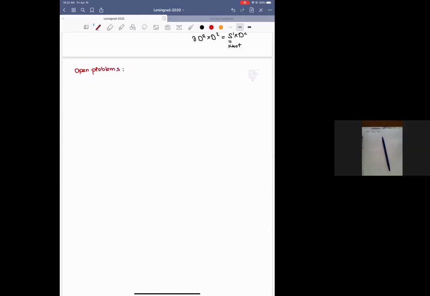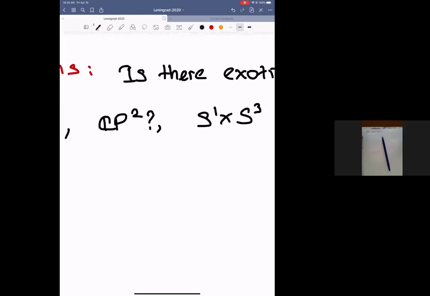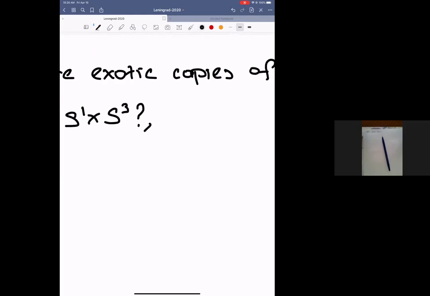Of course, people are interested: are there exotic copies of S4, CP2, S1 times S3? Maybe I should put two question marks. And the last one is S2 times S2.